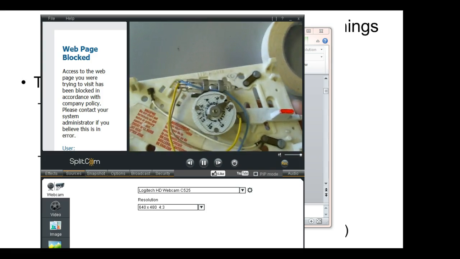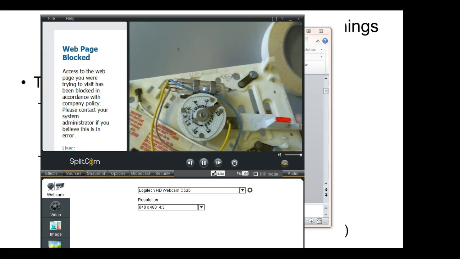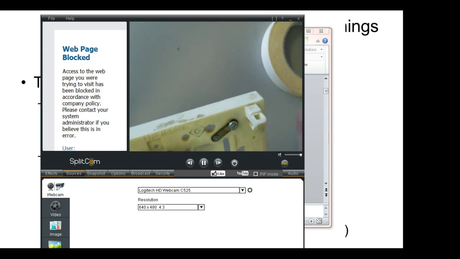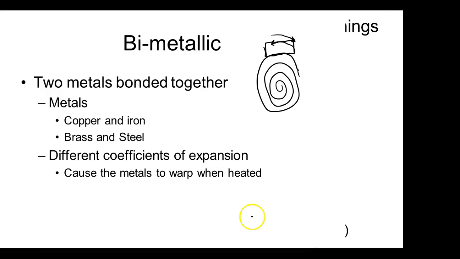Thermistors, which are solid state temperature sensors, are good, but they're non-linear, so they're not extremely accurate. When we use the term linear, what does that mean? That means something varies in a straight line.